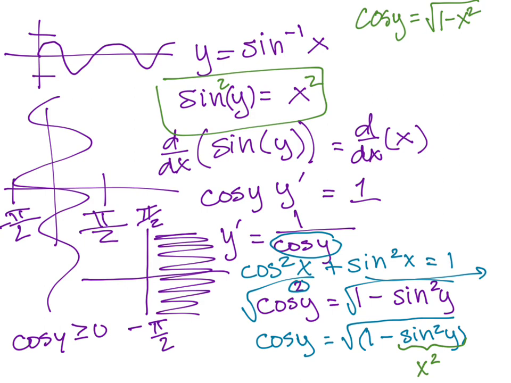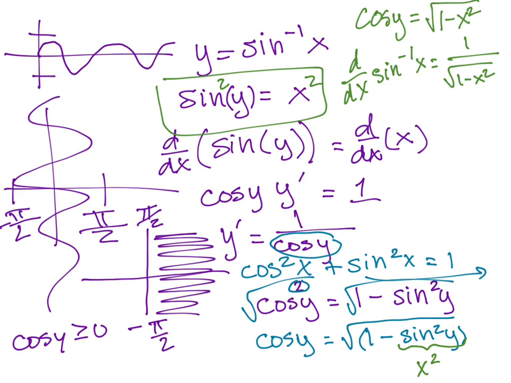All of that to say, the derivative in terms of x of sine inverse of x is equal to 1 over the square root of 1 minus x squared. That's 1 over cosine y, which is the square root of 1 minus x squared.